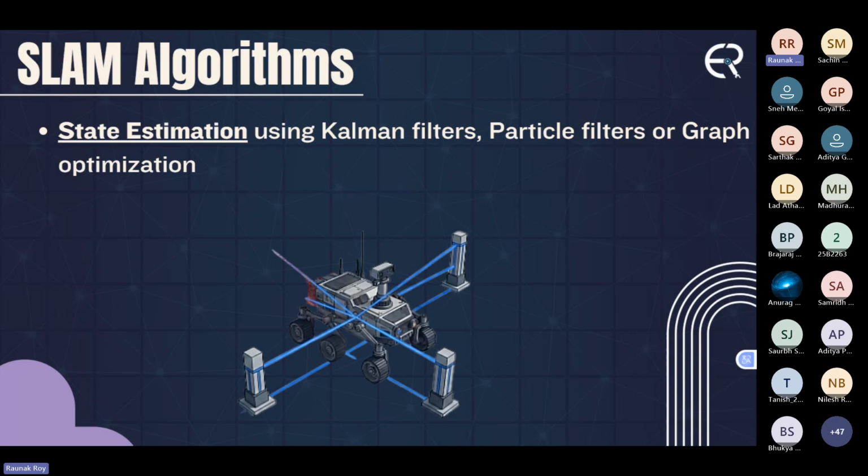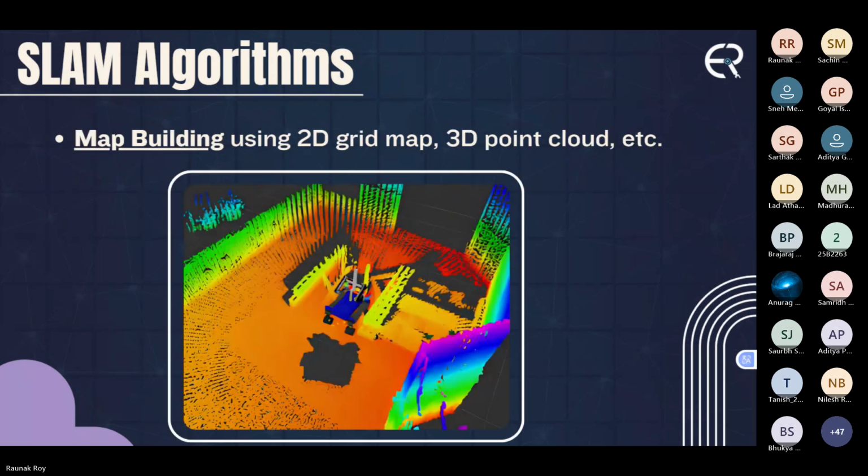It uses filters like extended Kalman filters, particle filters, or graph optimization techniques to calculate a probability distribution of its current position based on the sensor input. Third is map building. As the state estimate is refined, the algorithm projects the sensor readings into a global map.